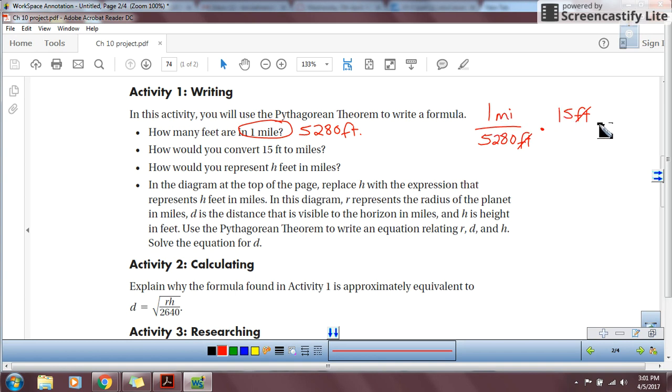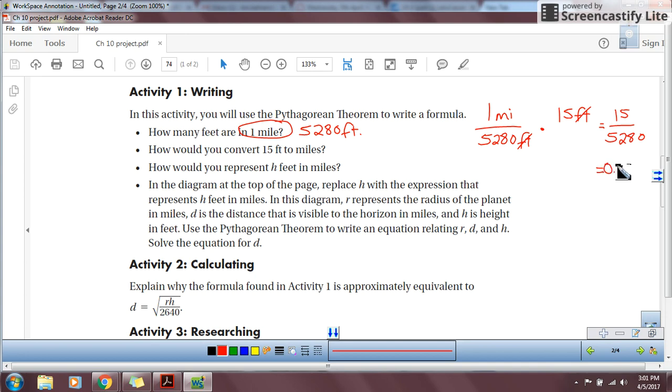So 1 times 15 is 15. Essentially, you are dividing the amount of feet you have by 5,280. That will give you a really, really small number, and that will be in miles. So that's how we can convert it.